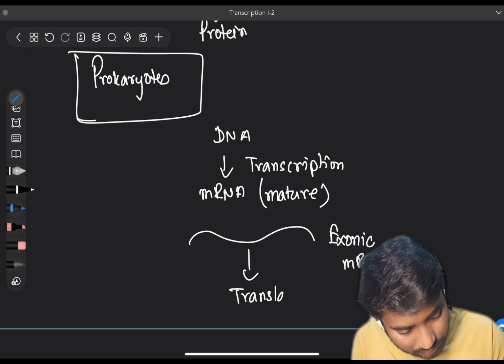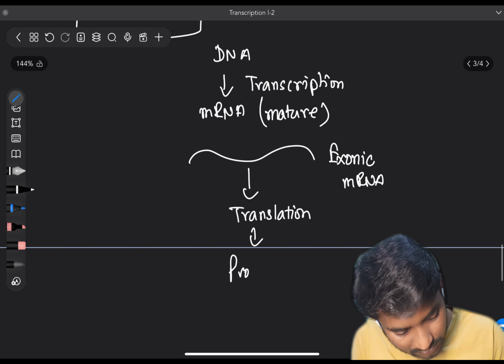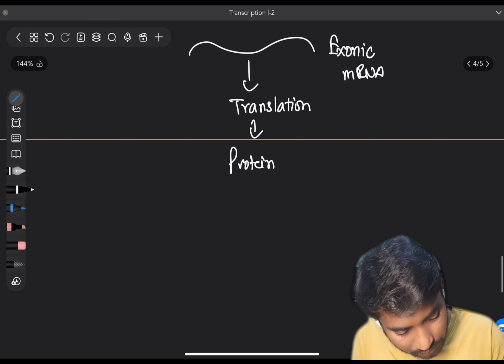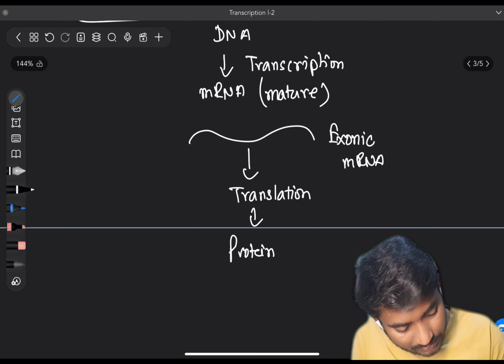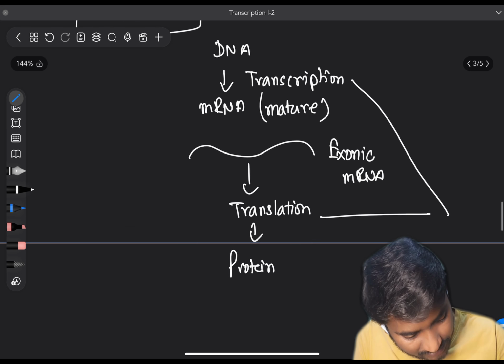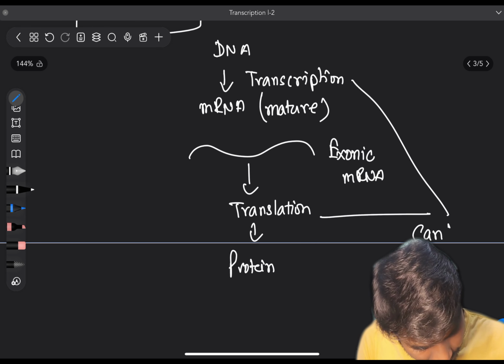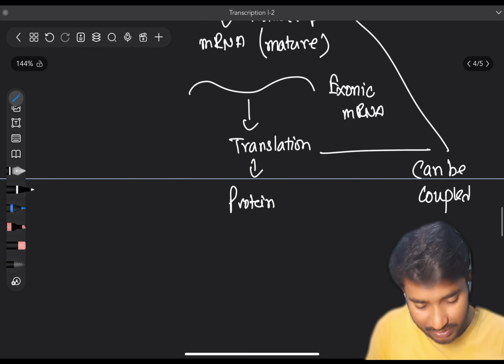By translation, it becomes protein. While the protein is made, the transcription and the translation can be coupled, so they can be done at once.